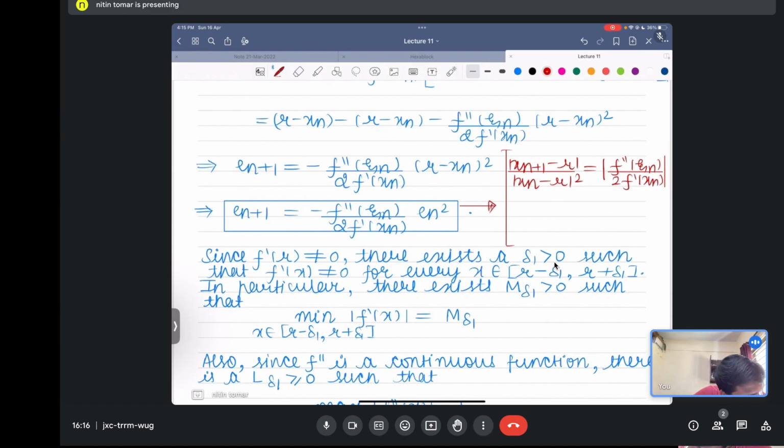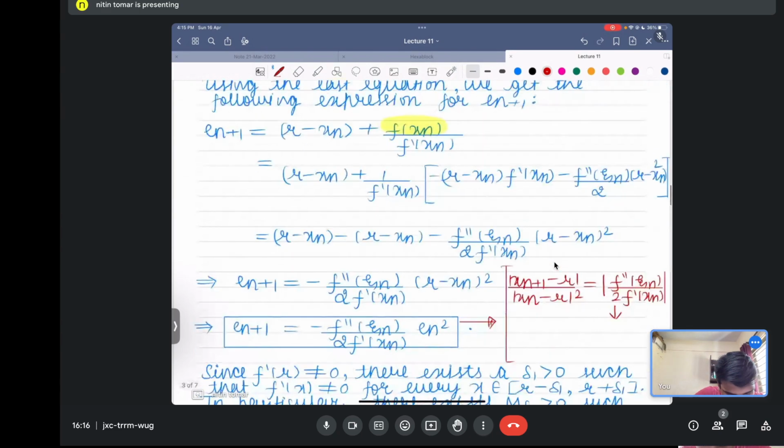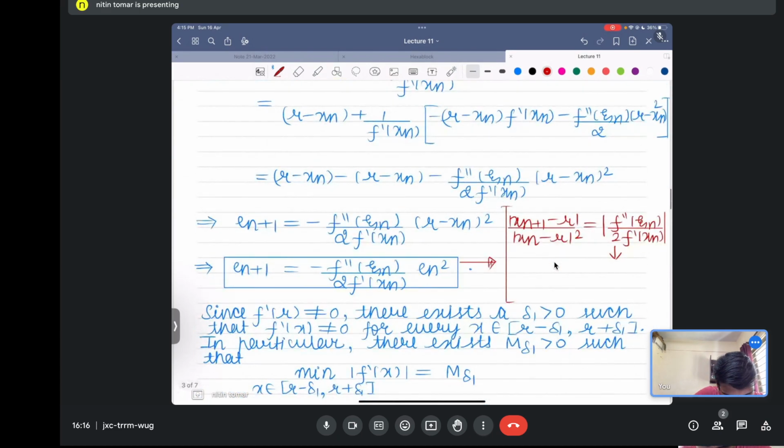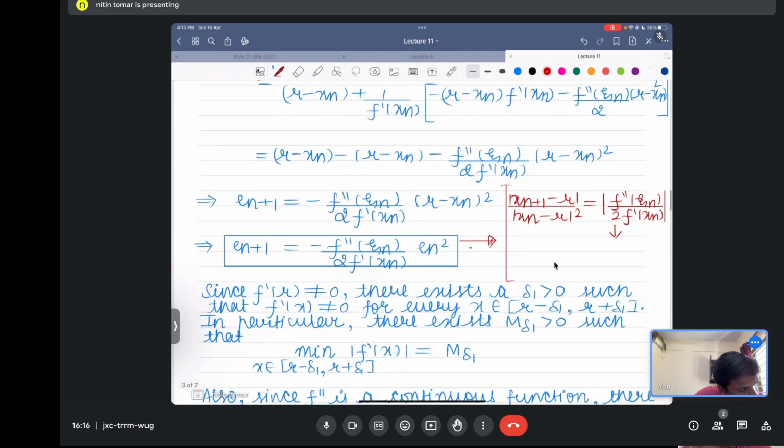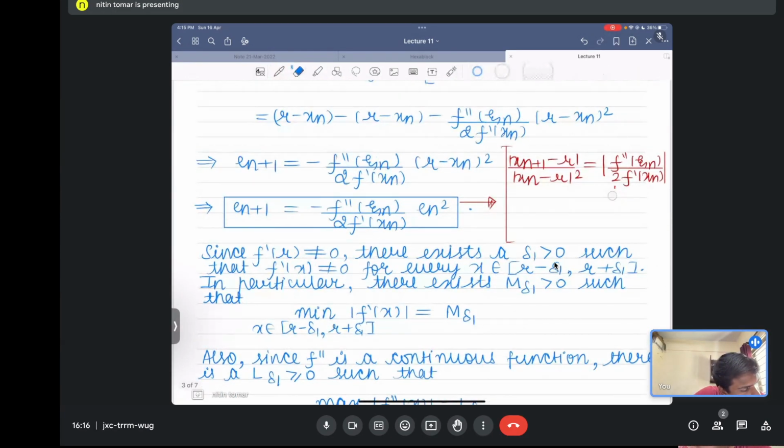So as n goes to infinity, from here you see that this actually is a quadratic convergence in disguise.